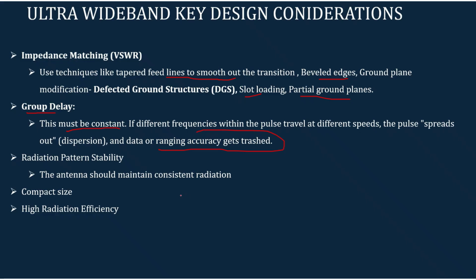That's what we explained. Next is radiation pattern stability. This means that throughout the frequency range from 3.1 to 10.6 gigahertz, it should have the same pattern, like omnidirectional. It also has to have a compact size because we have to integrate these antennas into some application, and it should have high radiation efficiency also.